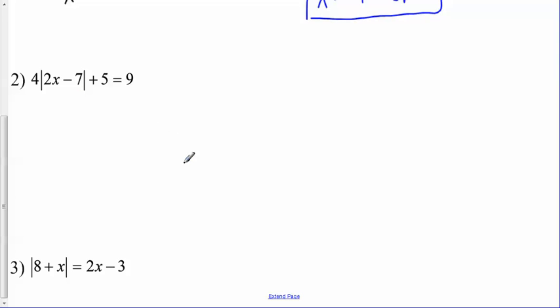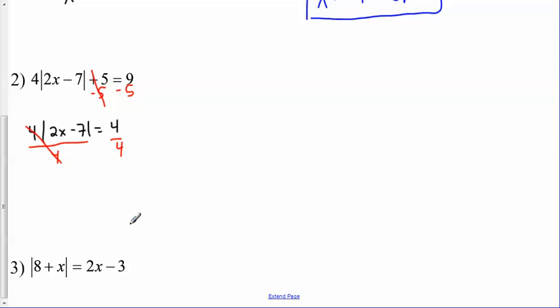So the way I'm going to do that is by getting rid of the 5. So I'm going to subtract 5 from both sides. And so now I have 4 times the absolute value of 2x minus 7 equals 4. Still, the absolute value is not isolated. I have to divide both sides by 4.